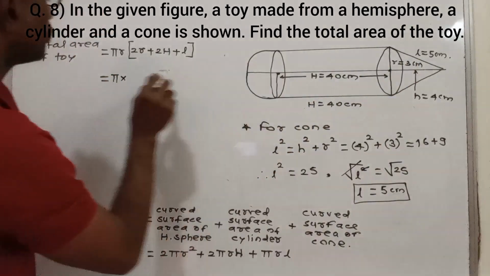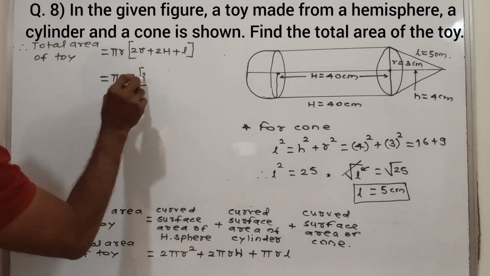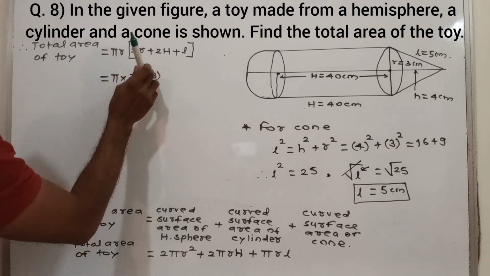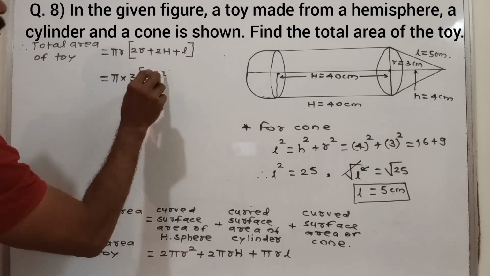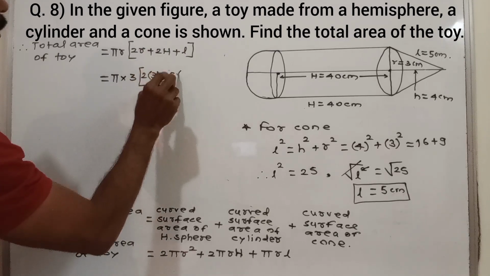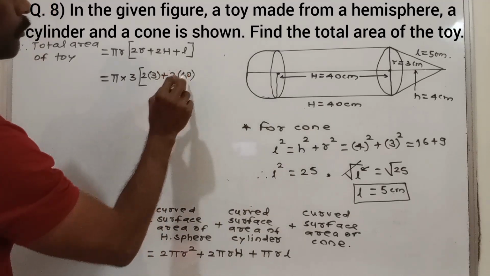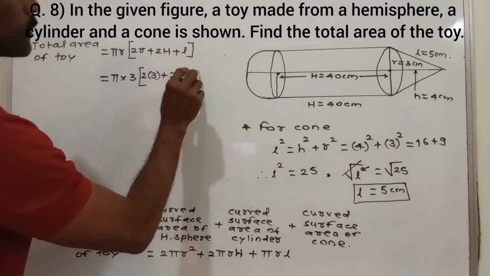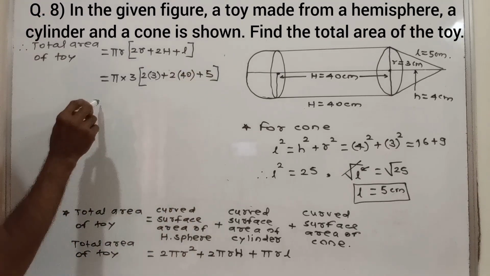R is 3. Square bracket, 2 into 3, plus 2 into capital H, 40, plus 5.